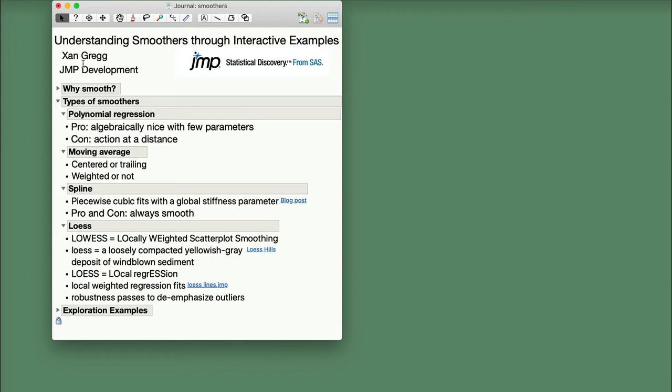The big disadvantage, well, maybe it's more of a subtle disadvantage, is this action at a distance concept, where since it is a global function, a change on one part of the data is going to affect another part of the data. It's going to affect the whole fit because it's all one global function. The other disadvantage might be too obvious to even mention, but it is a big disadvantage, that not everything fits into a nice curve.